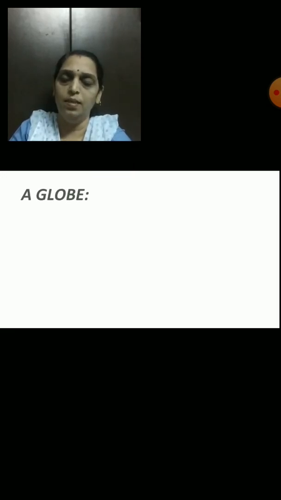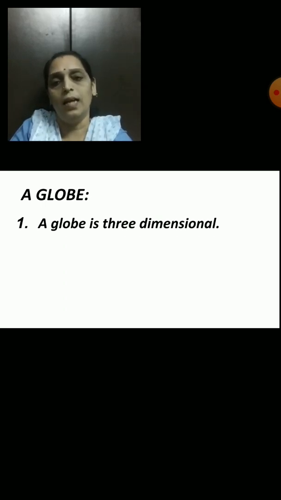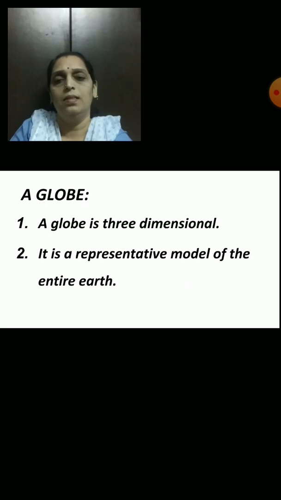Next, a globe. A globe is three-dimensional. Three-dimensional means length, width, height. Next, it is a representative model of the entire earth.